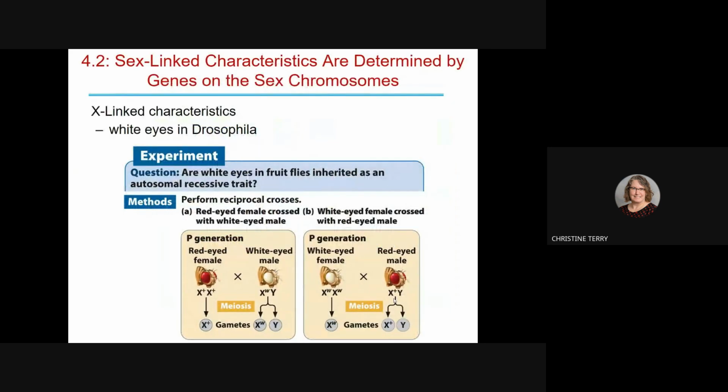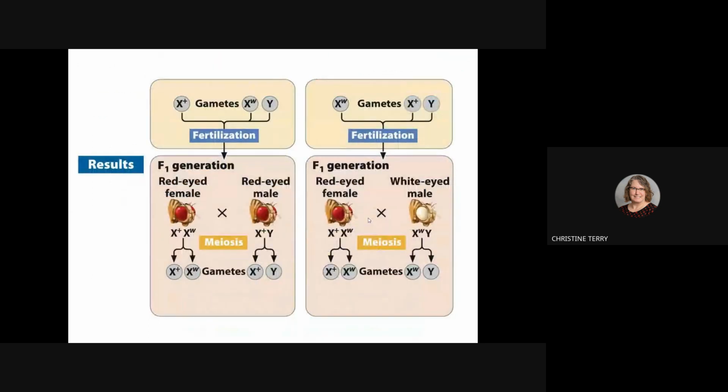So when we do this reciprocal cross, the outcomes are different, right? In one situation, we get all red, and in one situation, we get red and white. And what's particularly interesting is that all the red-eyed flies are female, and all the white-eyed flies are male. So not only do we have red and white, but they're sex-specific.